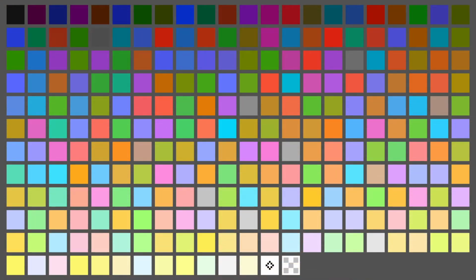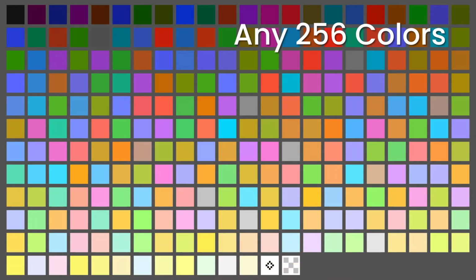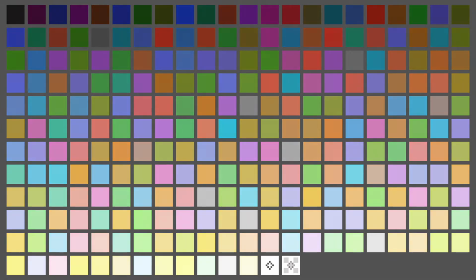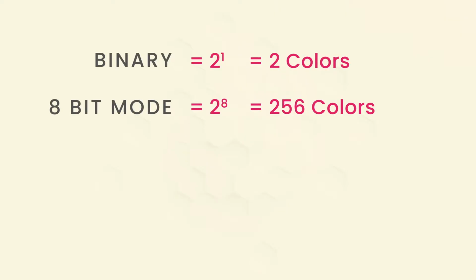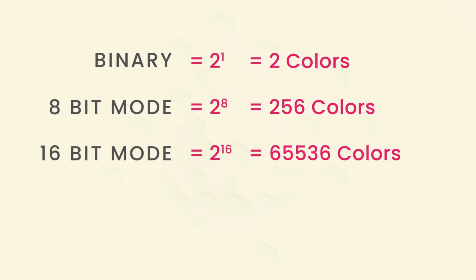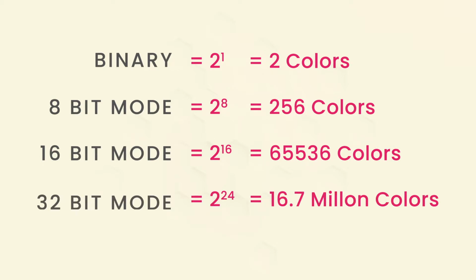Though these could be any 256 unique colors, these days we use them on grayscale color mode, which has a black and a white and 254 different shades of grey in between. Similarly, 16-bit colors give us 65,536 different colors, and 32-bit colors give us roughly 16.7 million different colors.